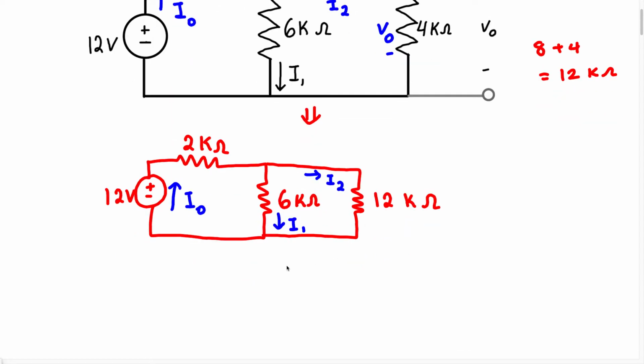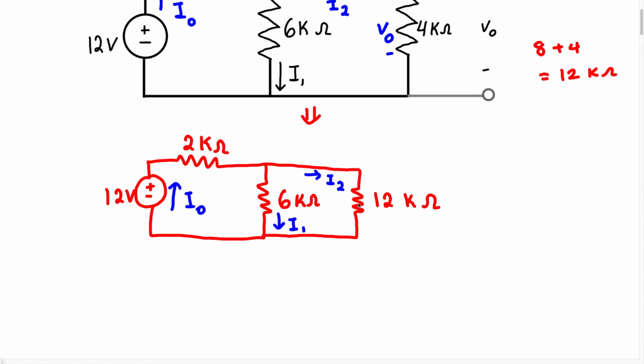Okay, let's continue. When we look at this, you might decide maybe we can do something now to find I1. But anytime I can reduce these resistors, I always want to reduce them as much as possible. So I can see I have this 6K resistor and this 12K resistor, and these two resistors are in parallel.